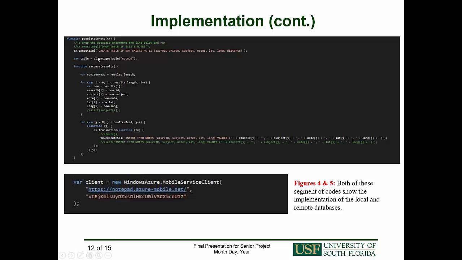We tell the code, oh, we're talking about this table. So open the table, get each item in the table, and pass them to a global variable, and the global variable converts them and sends them to WebSQL. So WebSQL is going to be the local database that's going to actually show the notes on our devices, using the transaction implementation for WebSQL.